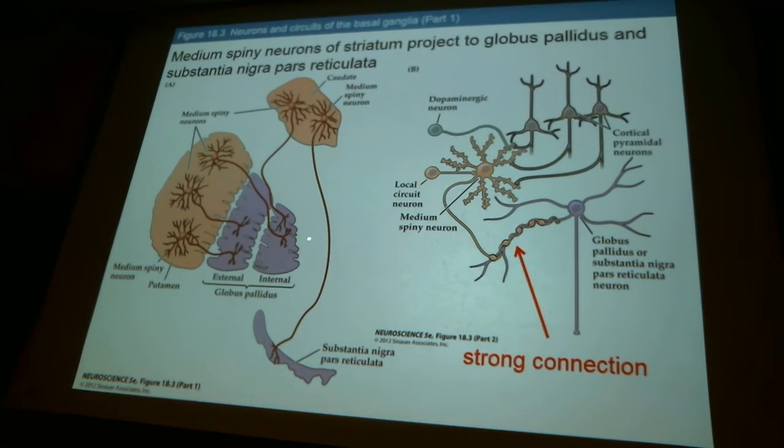And here we're showing them projecting onto the globus pallidus, and they make a very, very strong connection. So this is the same sort of circuit. Here we have the cortical inputs projecting to the medium spiny neurons, and then the medium spiny neurons making a very strong projection onto either a globus pallidus or substantia nigra neuron.